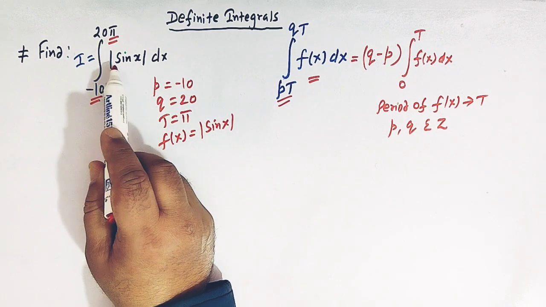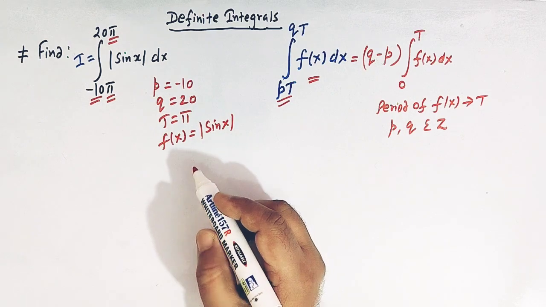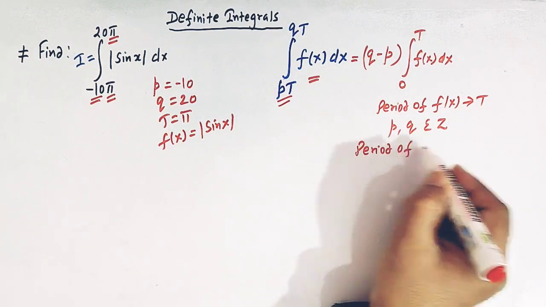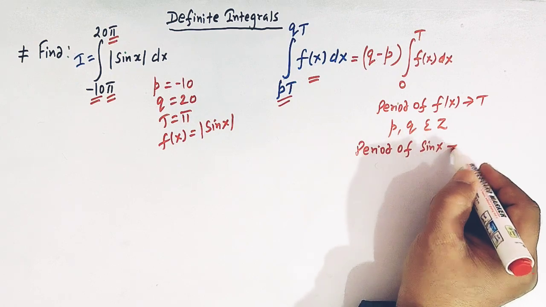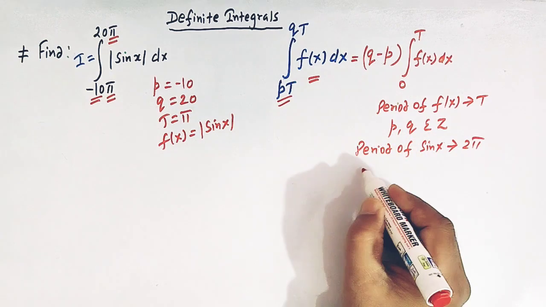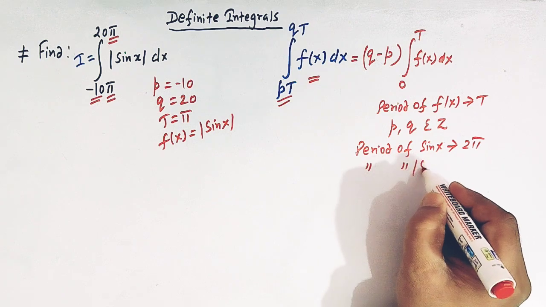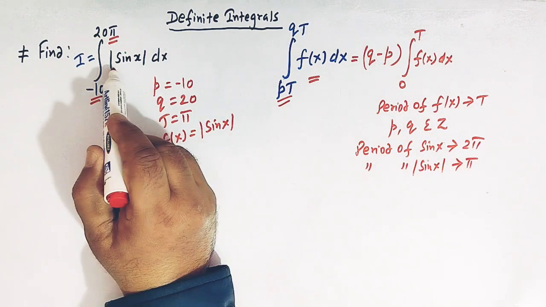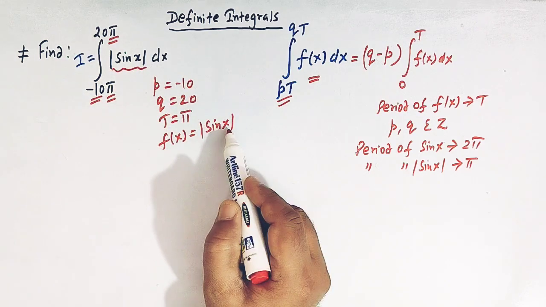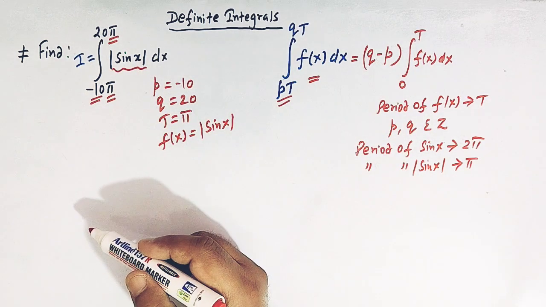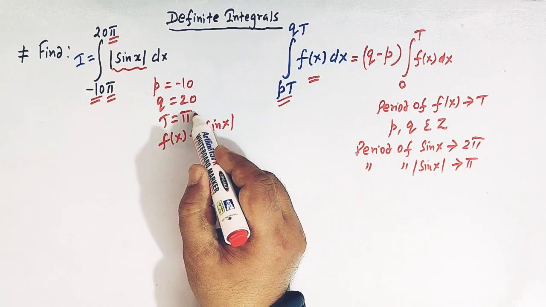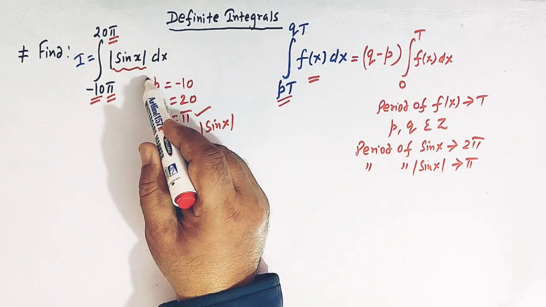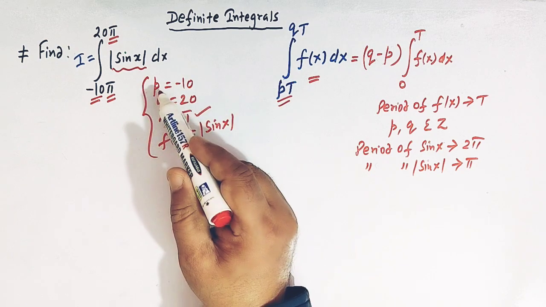We know from trigonometry that the period of sine x is 2 pi, and the period of mod of sine x is pi. So here f of x is mod of sine x, which is a periodic function with period pi.